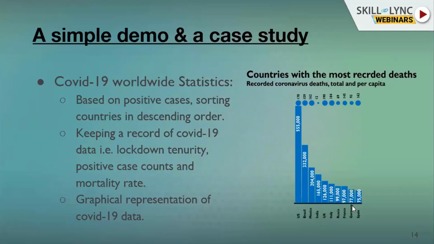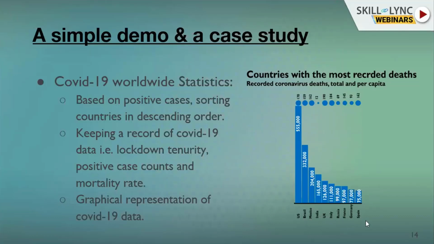Now, if we come to the COVID-19 worldwide statistics, based on the positive cases and sorting countries in descending order, you can see here are the death records. Suppose, as I told you, you can see the top 10 records. So this is the graphical representation you can do based on the top 10 or top 100 requirements.